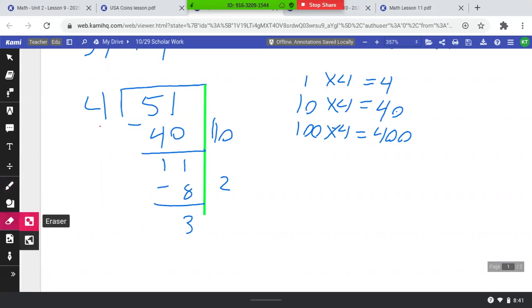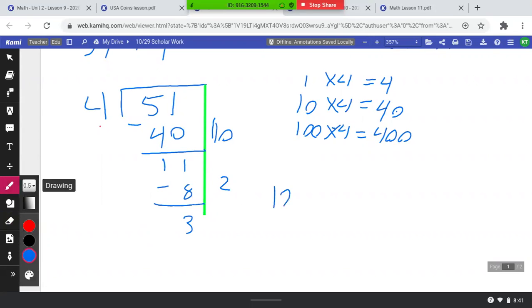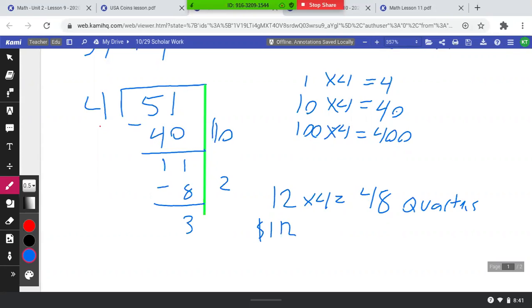So that would be, if we did 12 times 4, that would equal 48 quarters. So that's telling me $12.